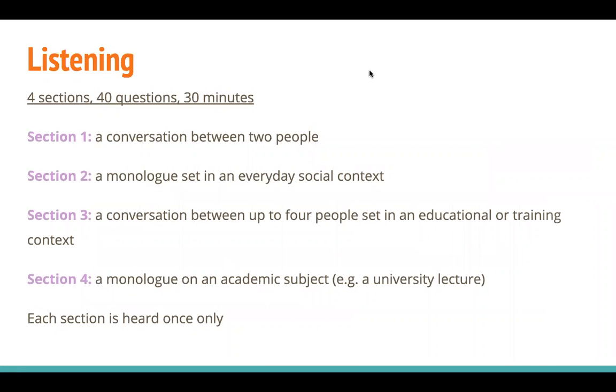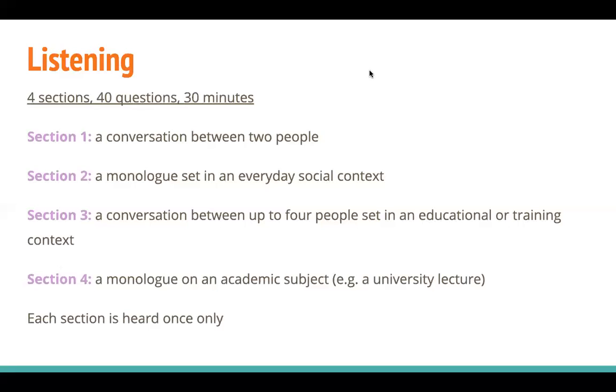So the first section was listening. This is split up into 4 sections with 40 questions that have to be answered in 30 minutes. As you can see, you have section 1 through to 4, with different types of conversations that you're listening to. As you get down into section 4, it becomes more like a university lecture, so you're more likely to get bored or lose motivation.